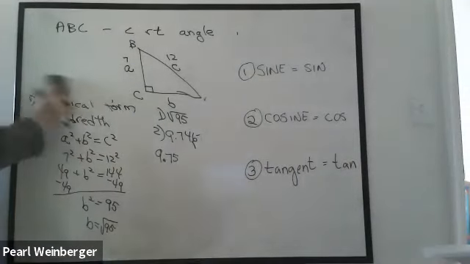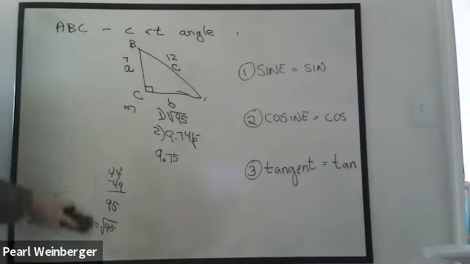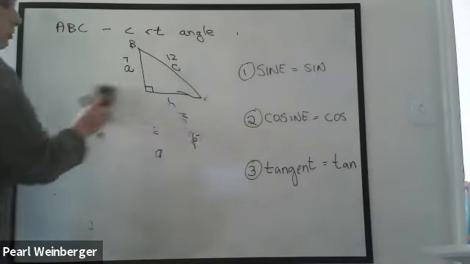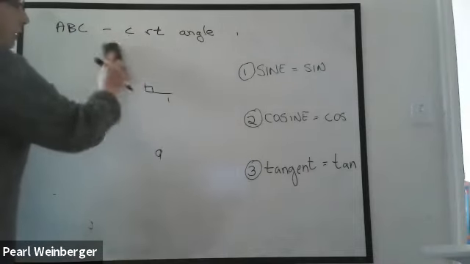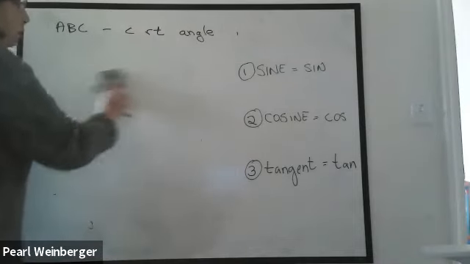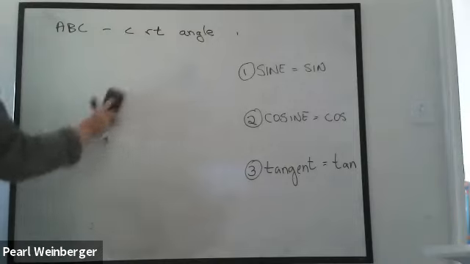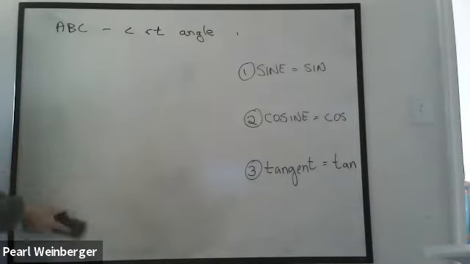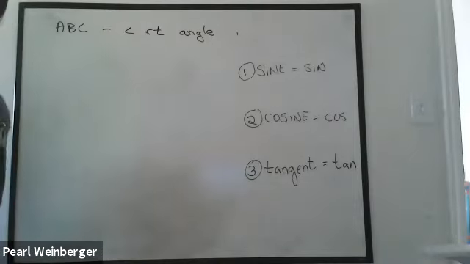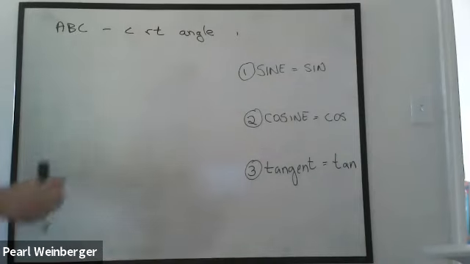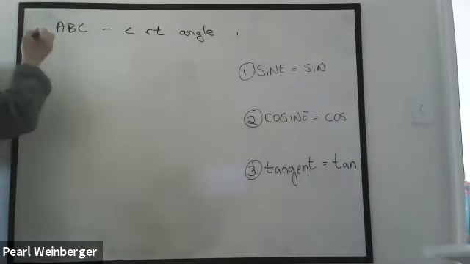Let's take a standard right triangle and define what we mean by the sine, the cosine, and the tangent.